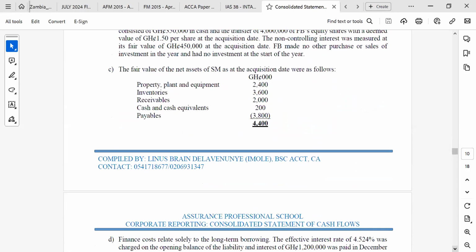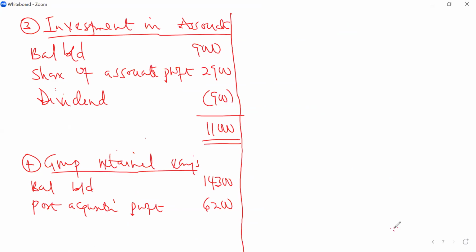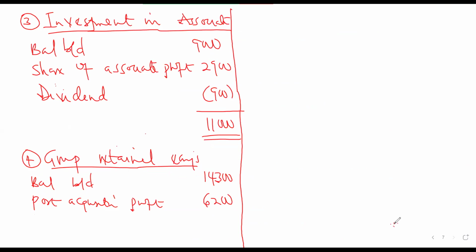What decreases our retained earnings? If you are preparing final accounts, you have the opening retained earnings, you add profit, and the next thing you subtract is dividend paid.